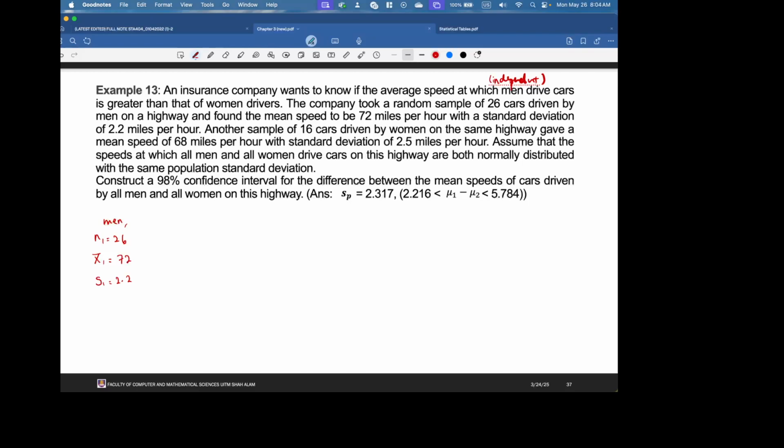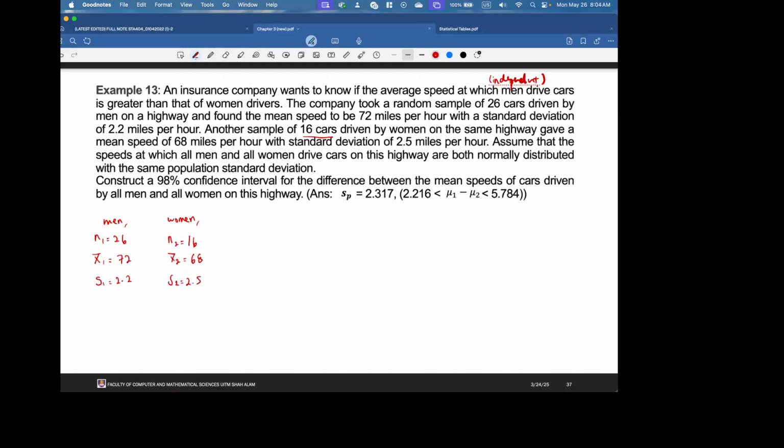Another sample of 16 cars driven by women. Women is 2, so N2 is 16. Another sample of 16 cars on the same highway gives a mean speed of 68, so x bar 2 is 68, with a standard deviation of 2.5.